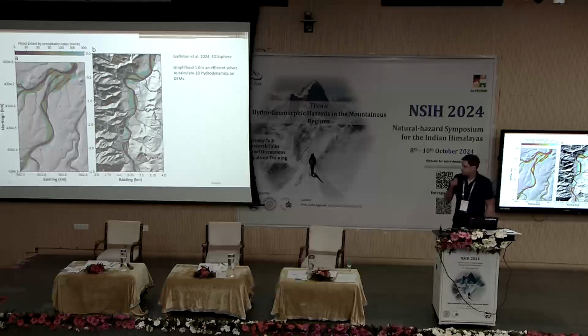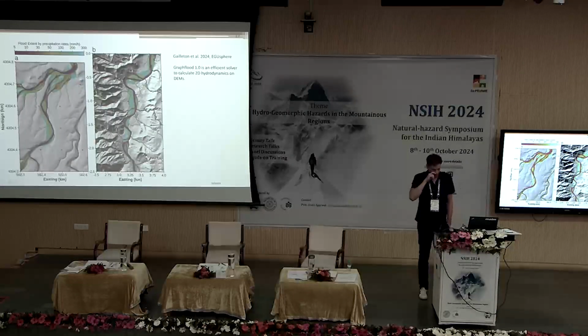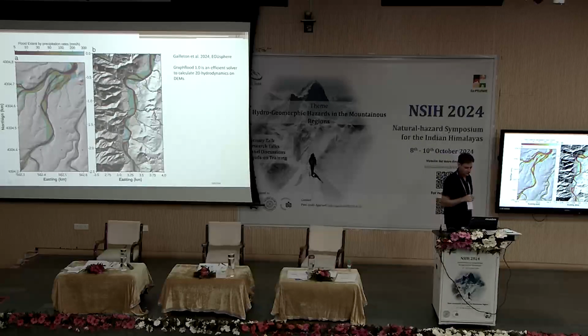As I said before, some of the newest stuff that we have been developing is GraphFlood, which allows you to calculate, let's say, using the Saint-Venant equations without momentum, the extent of water. What you see here is a depiction of flood extent by precipitation rate.